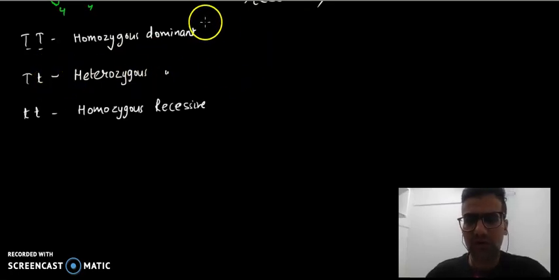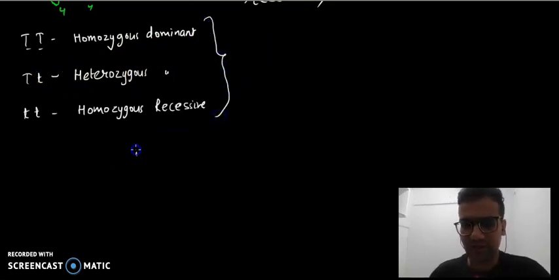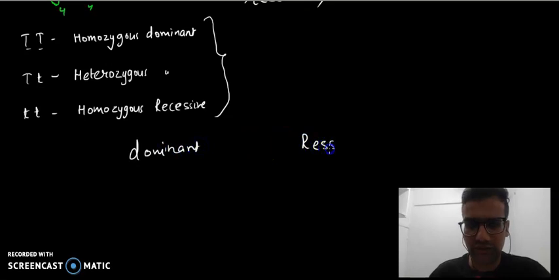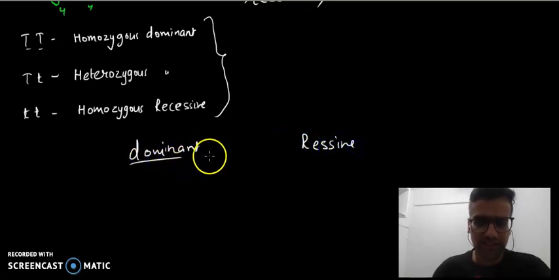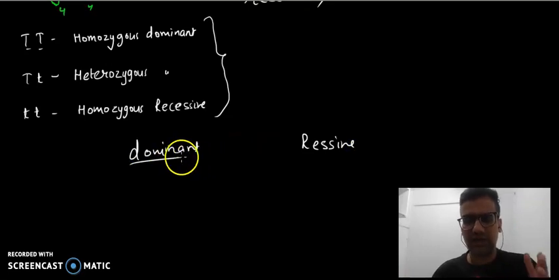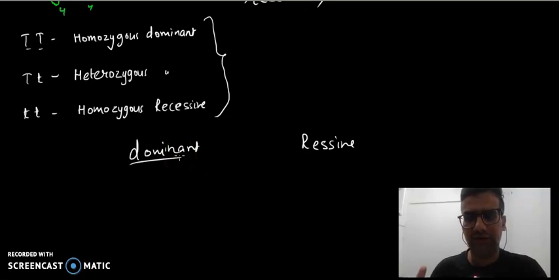If we talk about the expression, dominant versus recessive expression. If we talk about factor, that means we are talking about Mendel's work. If we are talking about gene, they are basically the same.